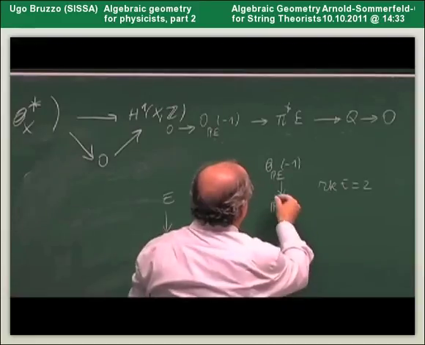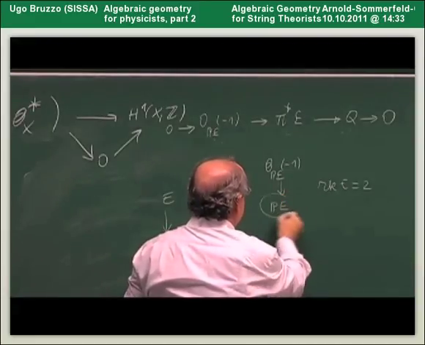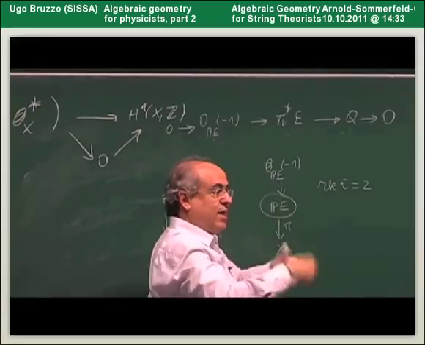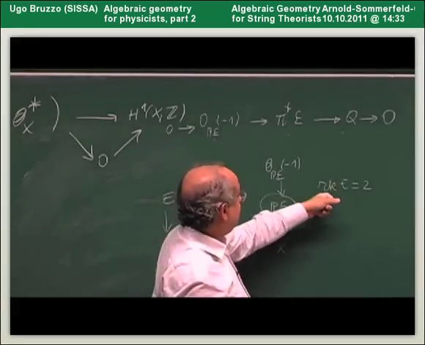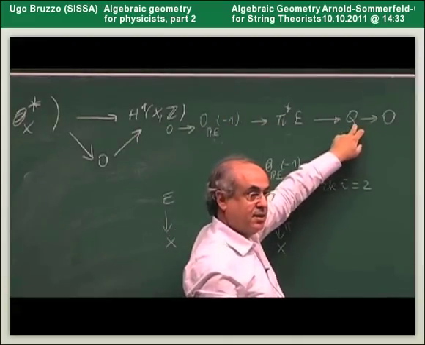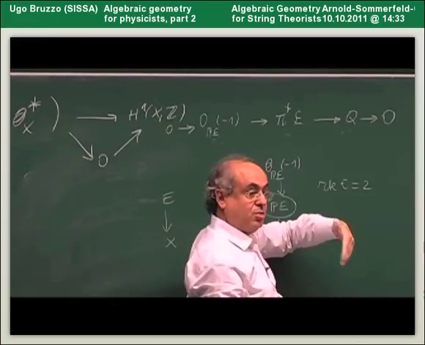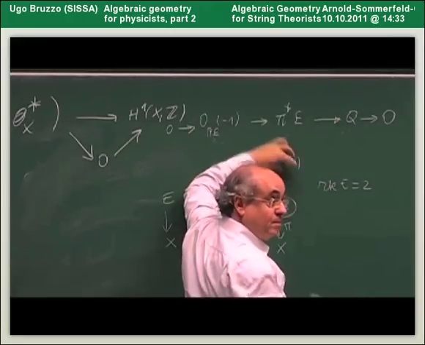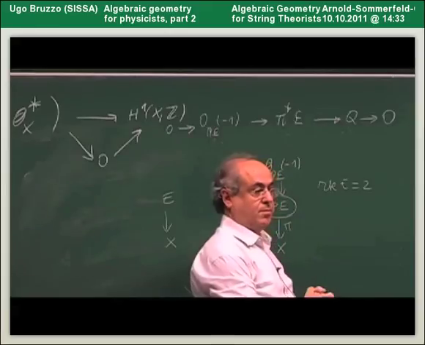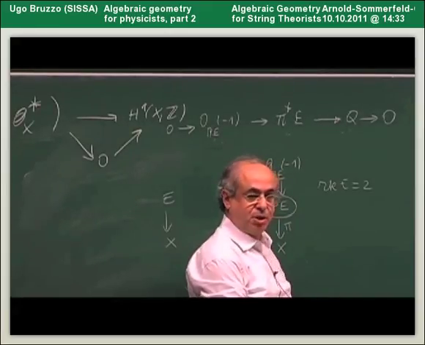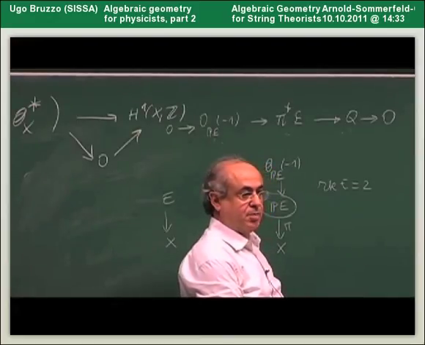And then, in that case, this is the splitting, this is Y, for rank 2. Otherwise you iterate. Because if the rank is not 2, this is a line bundle, this will have some rank, and you iterate the construction. You take the projectivization of Q, this is something which sits above this, and you go up. And you know that after r minus 1 steps, you get something which does the job.